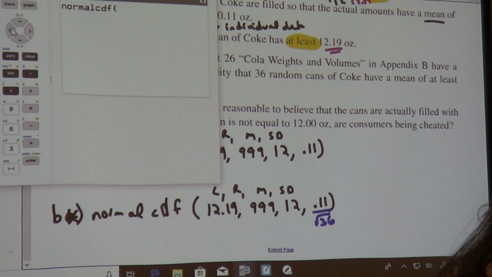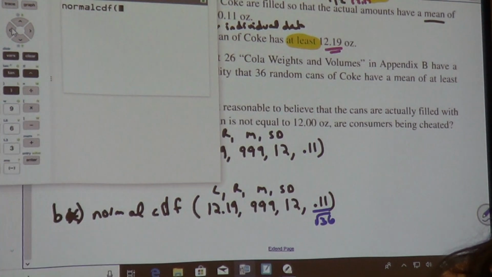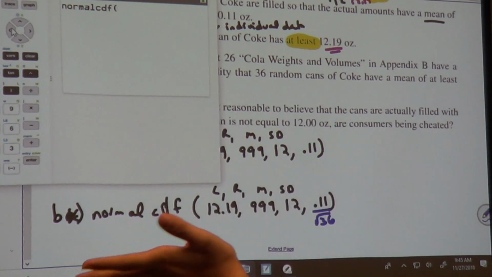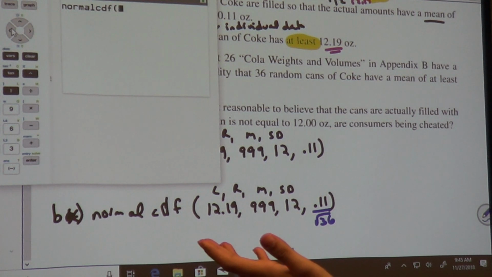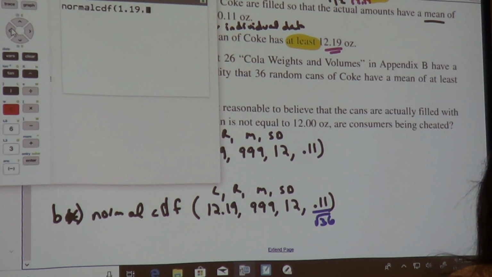So if you're going that way, it's a negative 999, and if you're going to the right, it's a positive 999, just like on the number line. Does that make sense? And if the point is to the right, this is the biggest number. Correct. So this one's going to be 12.19, comma, 999.